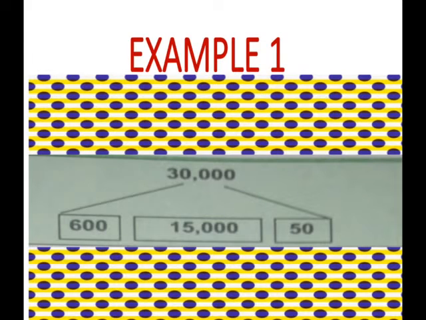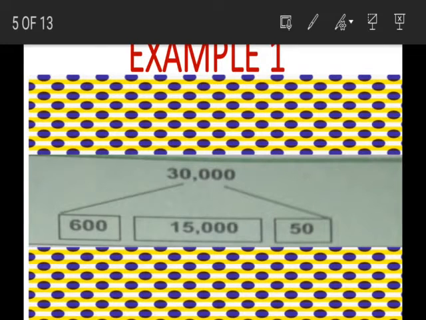Our first example, we have 30,600, 15,050. So how can we get each of these numbers? Let's start with 30,000.